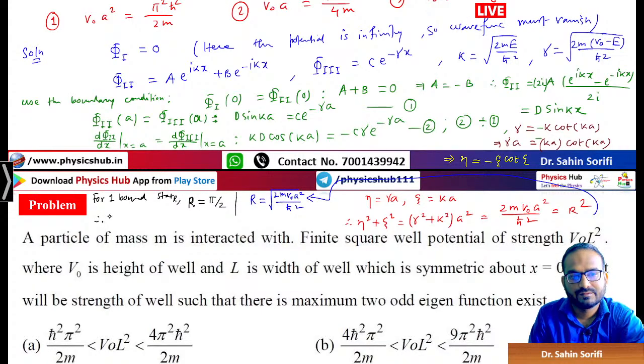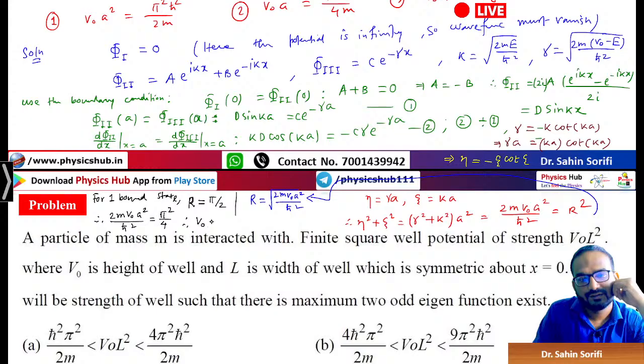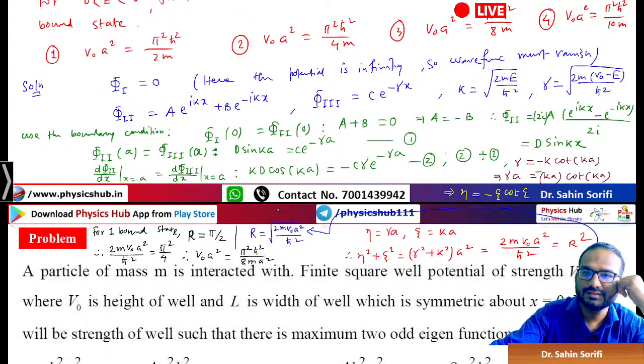So twice m v naught a square by h cut square is equal to pi square by 4, and therefore v naught a square is equal to pi square h cut square by 8m, and that is matching with option 3.